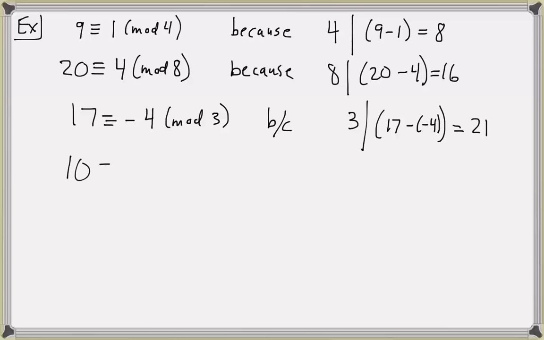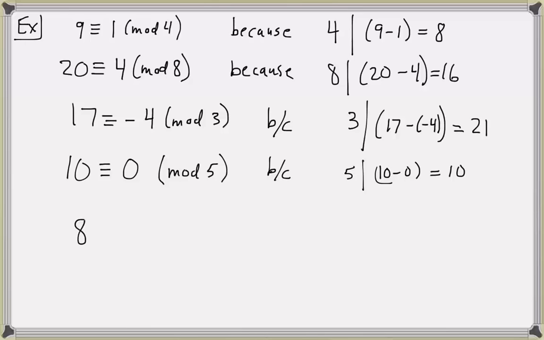Ten is congruent to, well, let me leave it blank for a second. What is 10 congruent to mod 5? Well, 10 is a multiple of 5. So 10 will be congruent to 0 mod 5, because 5 divides 10 minus 0, which is 10. We can also say that something is not congruent to by putting a slash through the congruence symbol.